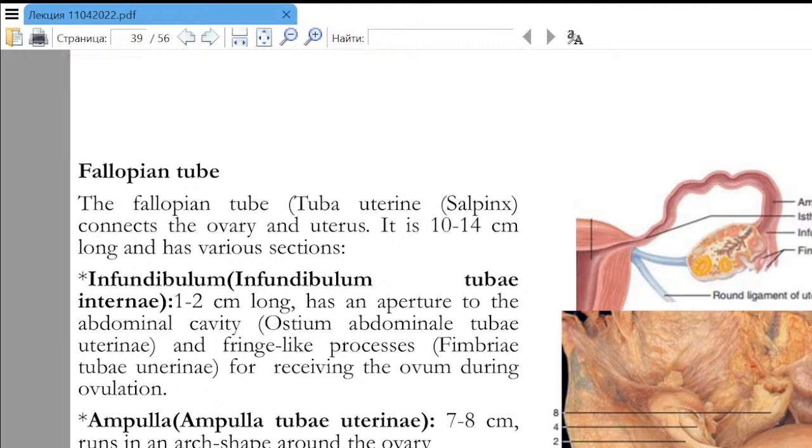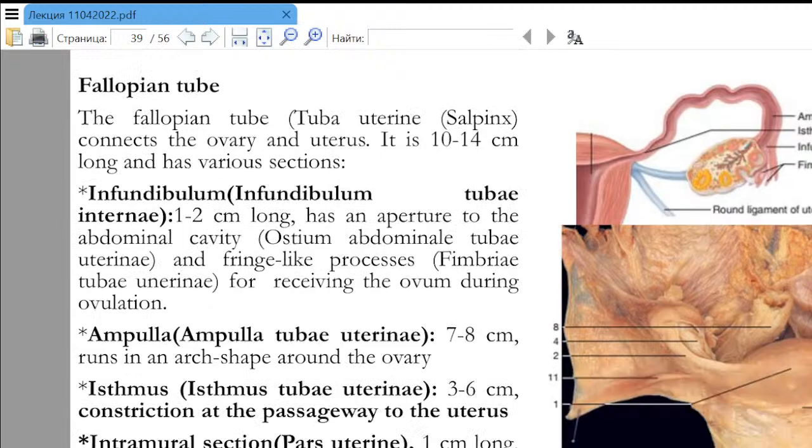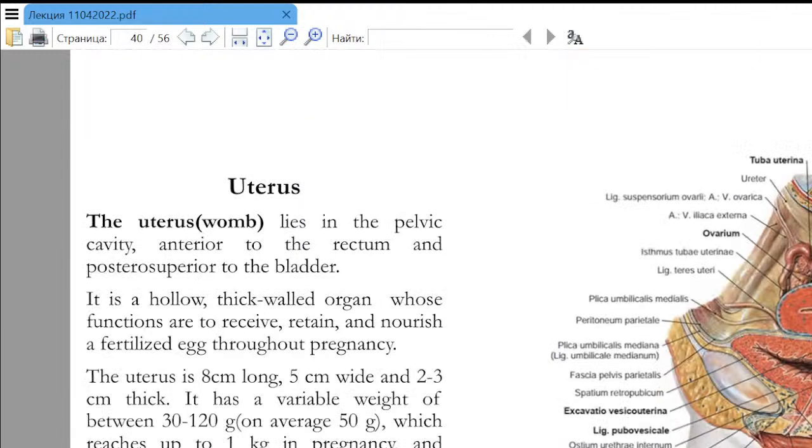This is the fallopian tube, fundus of the uterus. Uterus, this is the uterus.